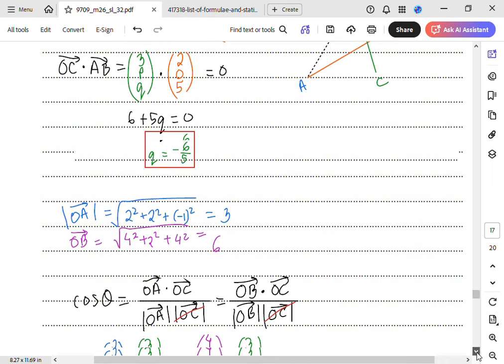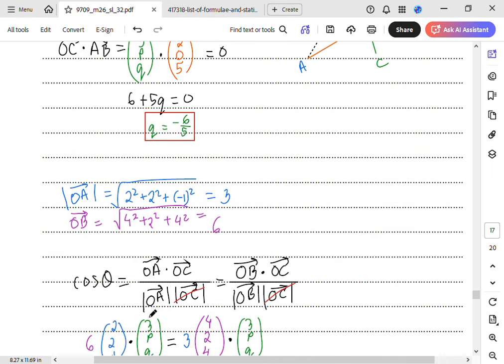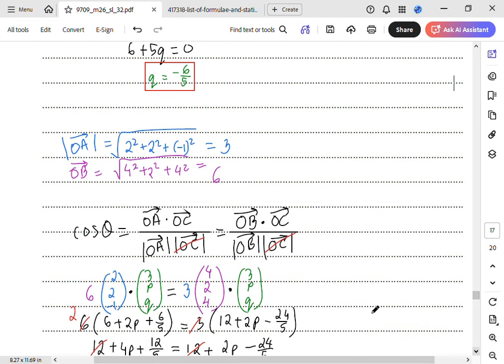So I know the value of magnitude of OA, which is 3, and the magnitude of OB is 6. So if I cross multiply, it's magnitude of OB times OA dot OC equals magnitude of OA times OB dot OC. So if you do that, you can find the value of p, because you already know the value of q. So what I did was 6 times this, right? Before I do that, you can cancel out the 6 and 3.